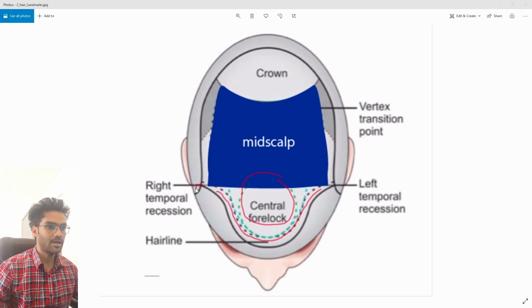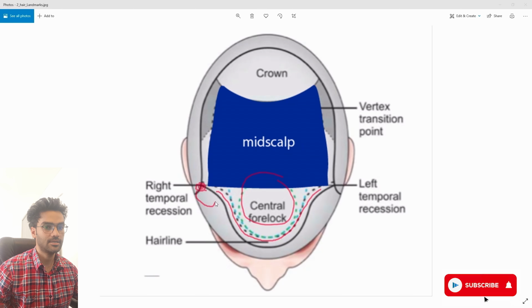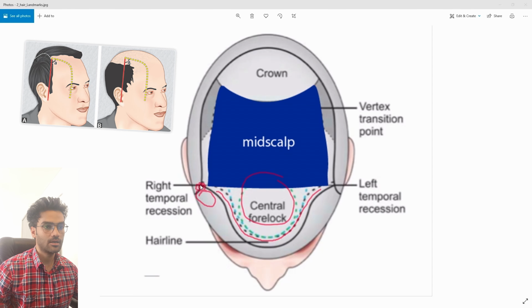This is our transition zone, and here we find this point, the temporal corner point. I will guide you on how to find this point where you start your hairline or hair grooming. For now, just keep in mind that you start with this temporal line, and as you move forward, the density of hair increases.